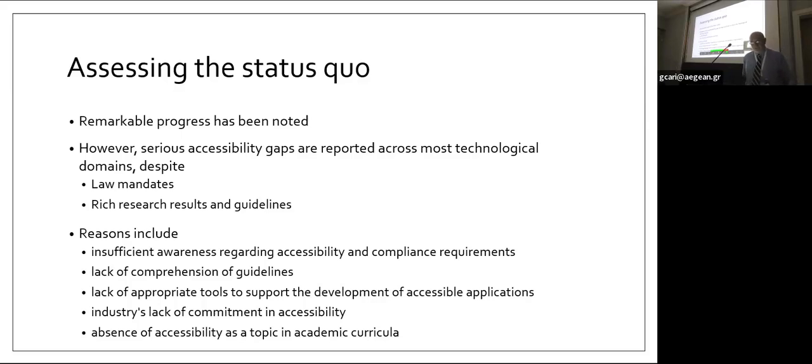Several reasons have been reported by software engineers, including insufficient awareness regarding accessibility and compliance requirements, lack of their comprehension of the guidelines, lack of appropriate tools to support the development of accessible applications, industry's lack of interest in accessibility, but this will have to change from June 2025 as the new directive sets a deadline for all websites, not just public, but also private websites to be accessible.